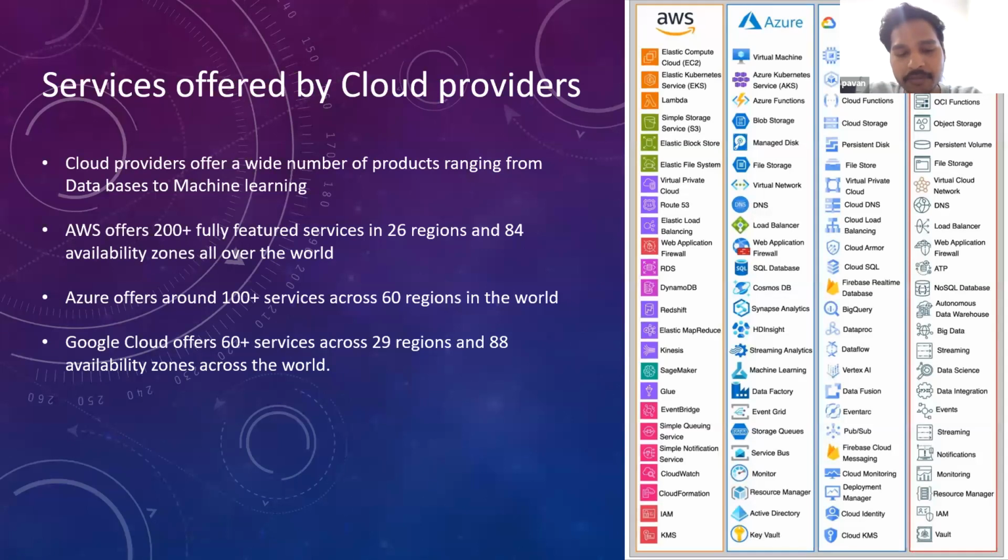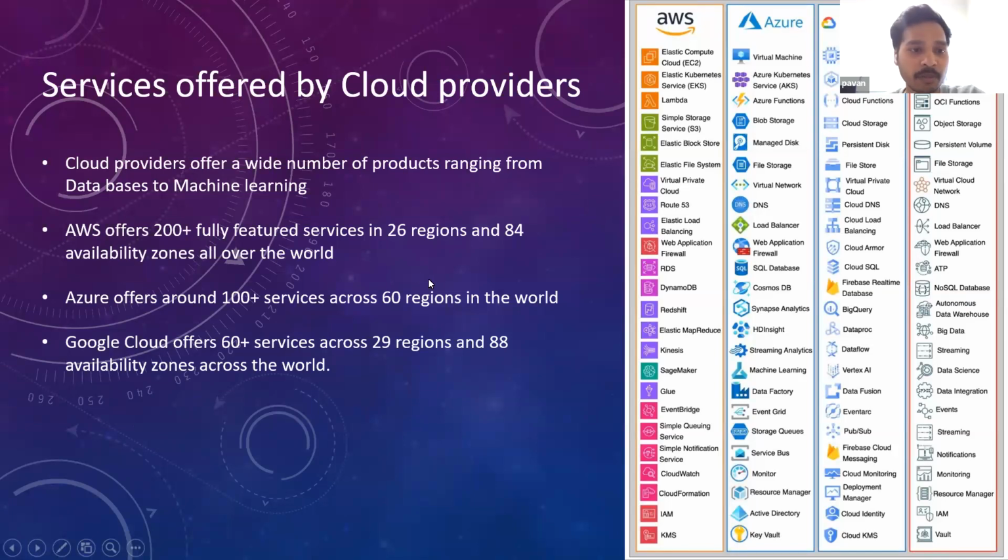For example, they have one region in Ohio, but multiple availability zones, which means they have more than one data center in Ohio where they provide the services, and the companies can choose which data center and which location they want to deploy their application. Different availability zones and regions are priced differently, so there will be a difference in their price and their availability.